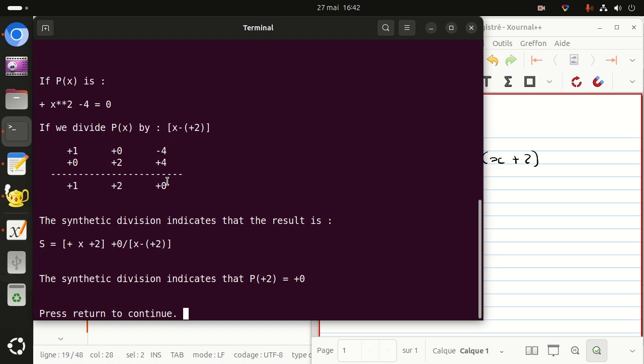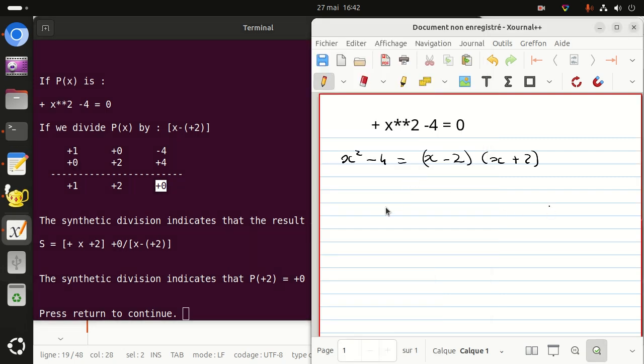The remainder of the synthetic division says that the remainder is 0. This is correct because x equal 2 and x equal minus 2 are the roots of the polynomial.